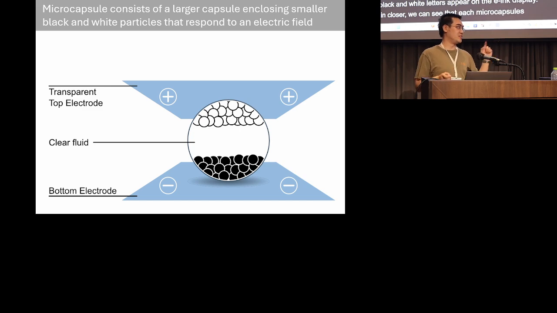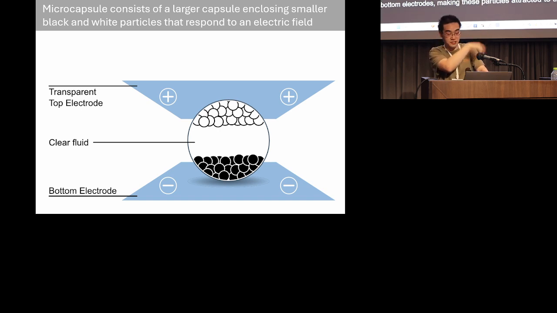These particles are either positively or negatively charged. The magic of e-ink display happens when we apply an electric field between the top and bottom electrodes, making these particles attracted to the top and bottom layer.